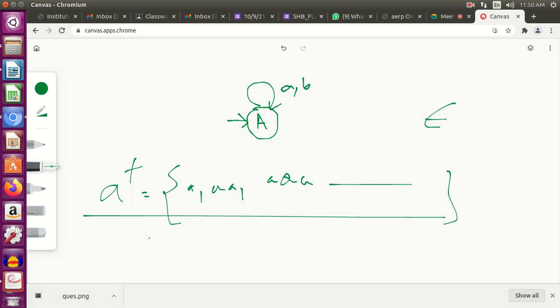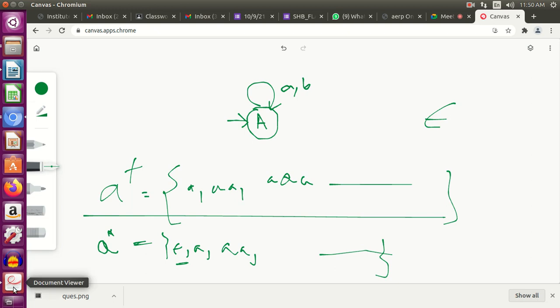See, whenever we are complementing a language, what is the superset? The superset is always A star, so A star consists of epsilon, A, AA, and so on. Now, if this is A star and this is A plus, what is the difference between them? The difference is epsilon.